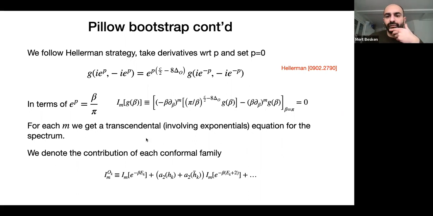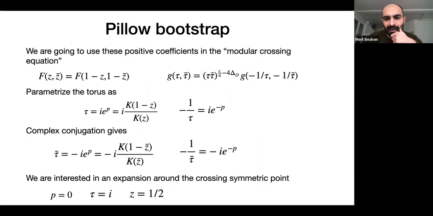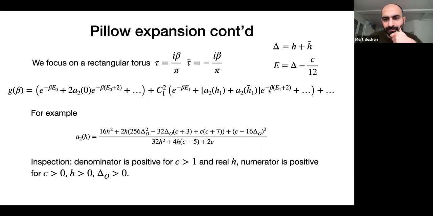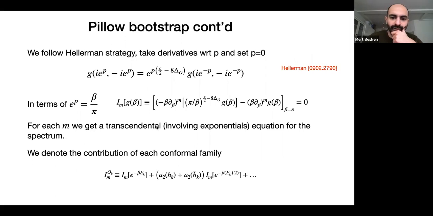So for each m, since we are setting beta to pi, and remember beta was appearing like this here, e to the minus beta e, where e was the related dimension like that, we get some transcendental equations, some exponentials of the dimensions. So we get an equation involving exponentials of the spectra.